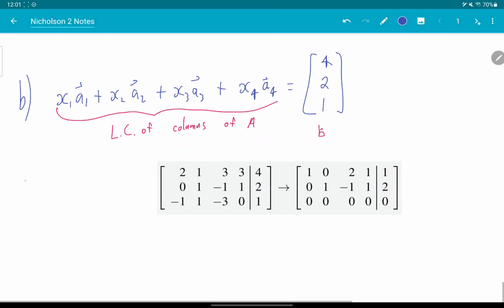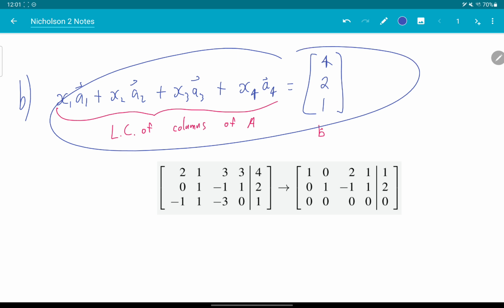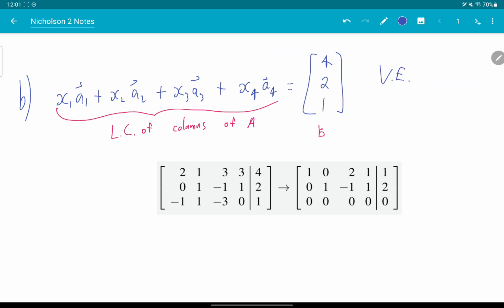Okay, maybe the first step is to say that this vector equation is equivalent to the matrix equation AX equals B, which is equivalent to solving an augmented matrix like this.